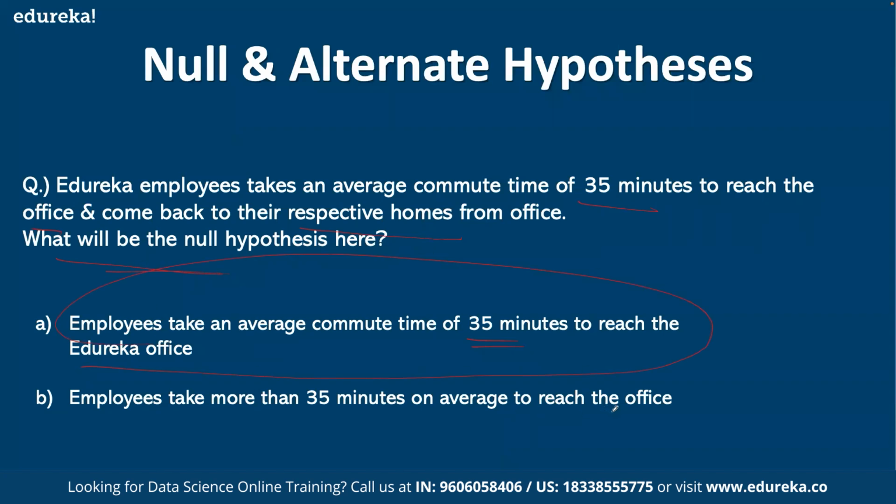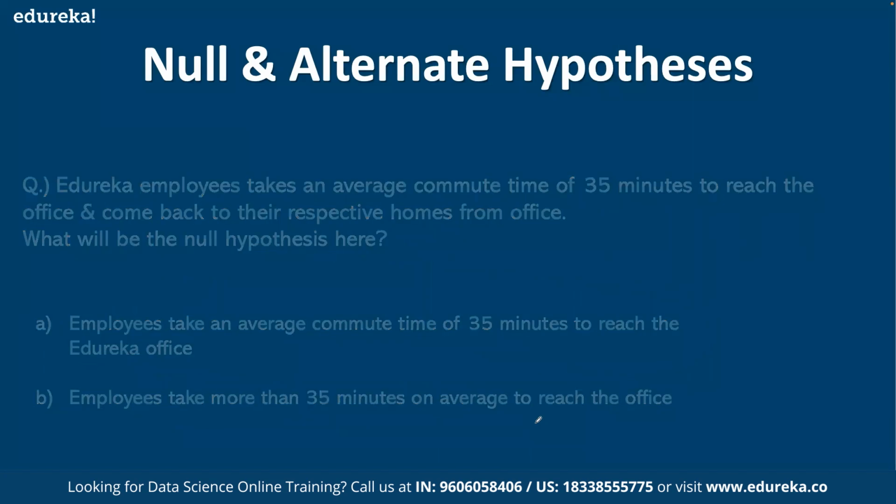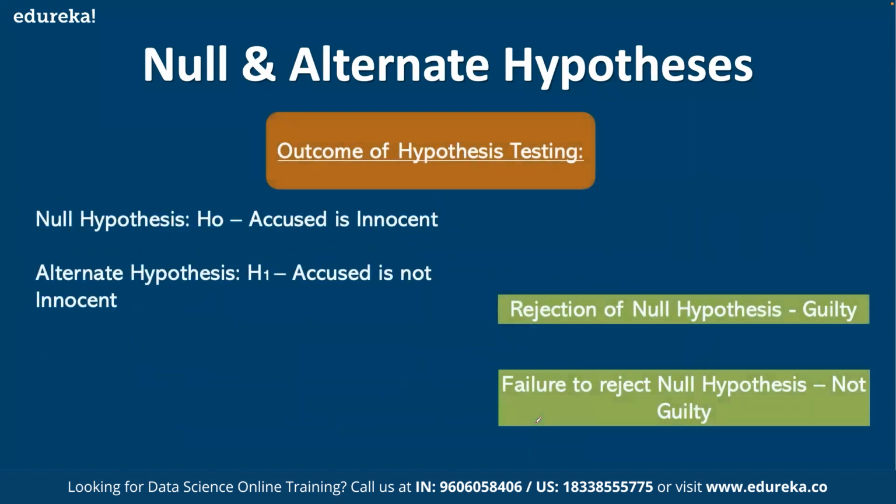My alternate hypothesis is the logically opposite statement, which says that Edureka employees take more than 35 minutes on average to reach the office. So that is the first step: we define our null hypothesis and the alternate hypothesis.